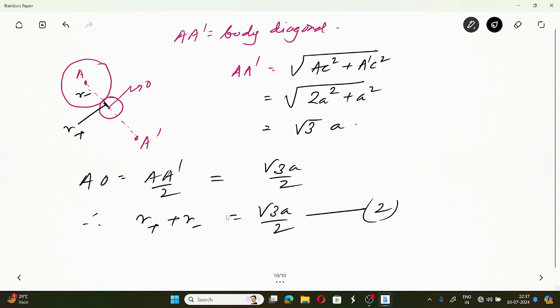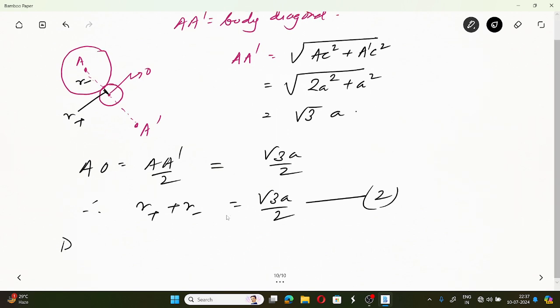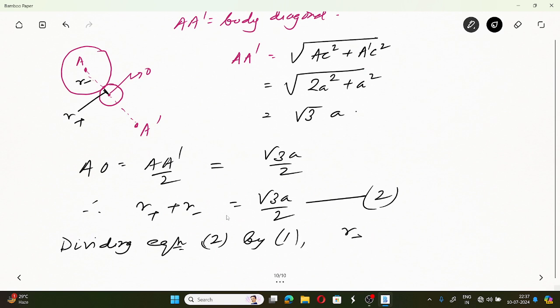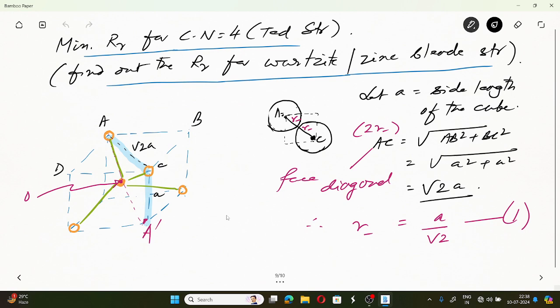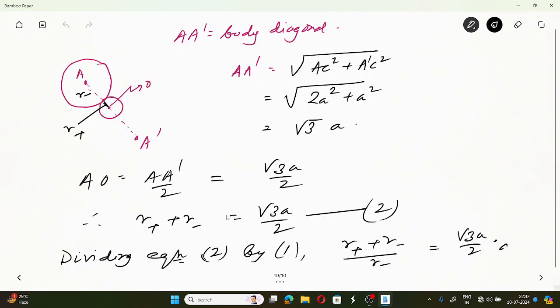So this is equation 2. Okay, so dividing equation 2 by equation 1, আমরা কি পাচ্ছি? R plus plus R minus divided by R minus equals root 3A by 2 into দেখো R minus টা কি পেয়েছি আমরা? R minus পেয়েছি দেখো A by root 2. So this is A by root 2.